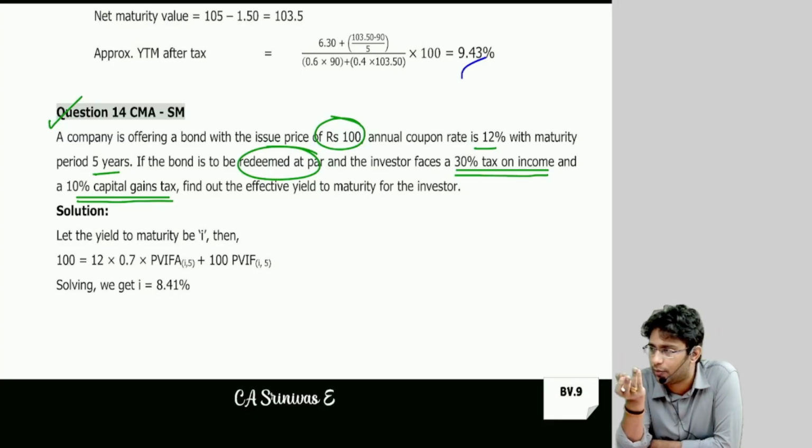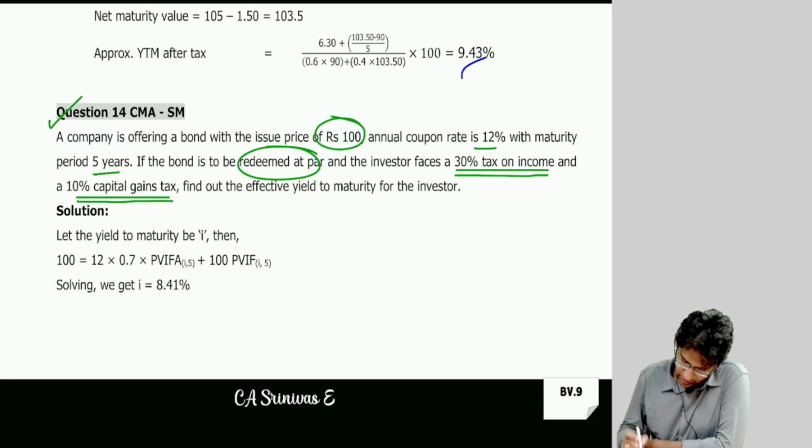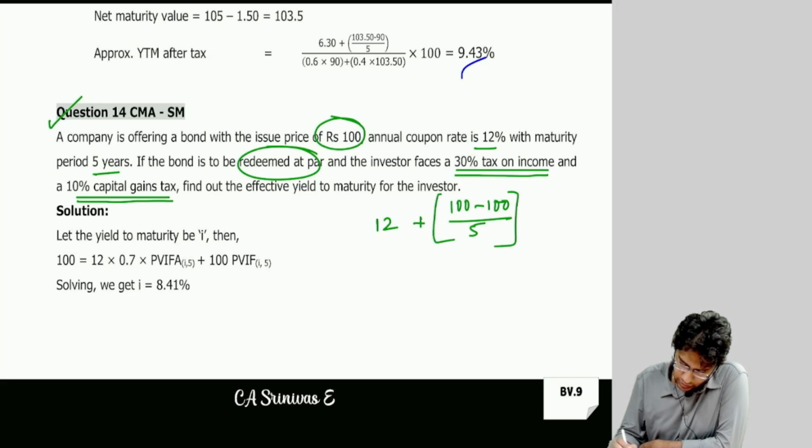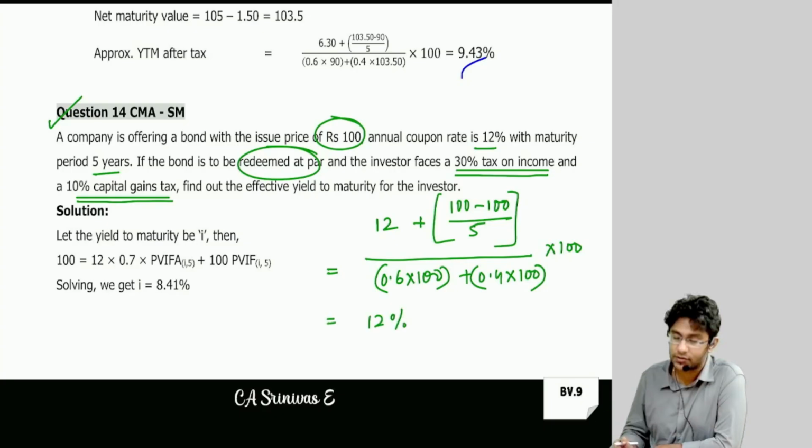So normally you work out the YTM minus 30%, and the answer will be ready. If you work that out, it will come to something like this: 12 rupees coupon plus (100 minus 100) divided by 5, the entire thing burns to 0, divided by 0.6 into 100 plus 0.4 into 100, so that's exactly 12%.